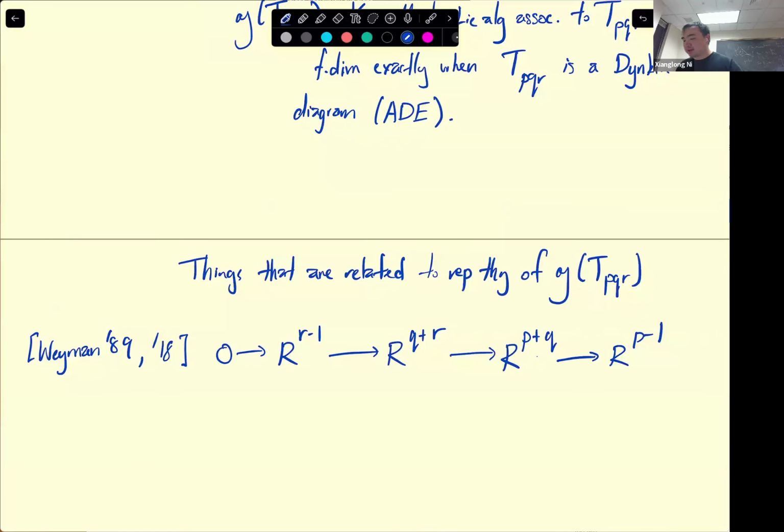And I'm going to just use the word related to in a very hand-wavy way and not really explain how exactly it's related.